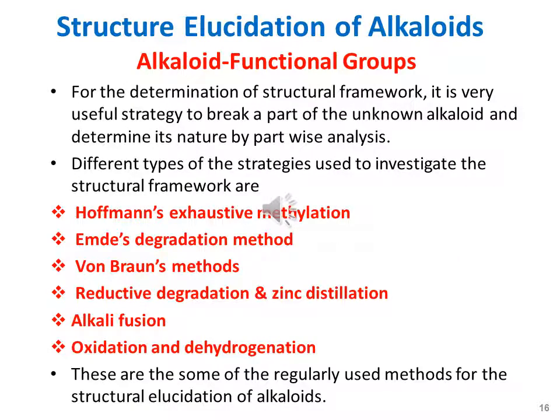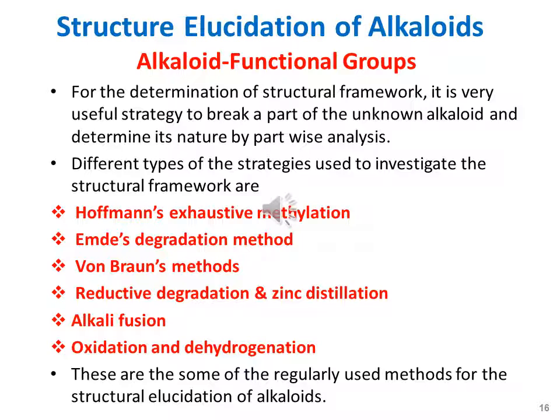Since the majority of alkaloids possess large structures, for the determination of their structural frameworks it is a very useful strategy to break off a part of an unknown alkaloid and determine its nature by part-wise analysis. It means that once you break a part from an alkaloid and analyze it, then again break down the remaining part and keep on breaking, and at the end you combine all these parts to give the one large structure of an alkaloid.